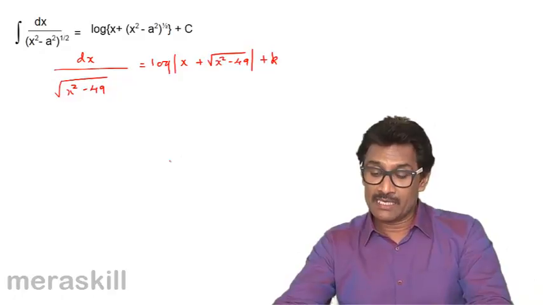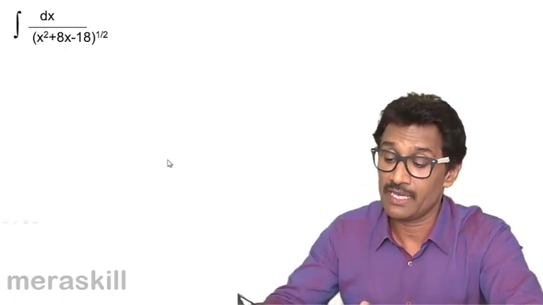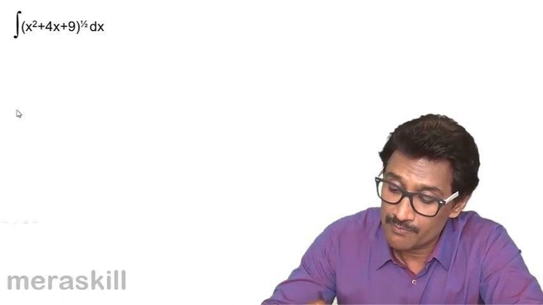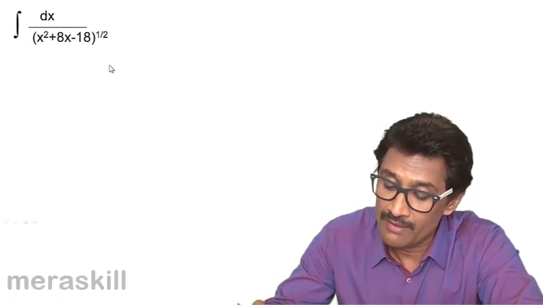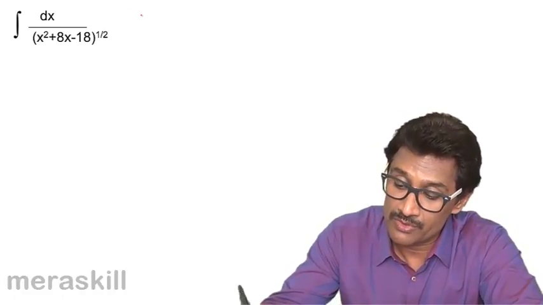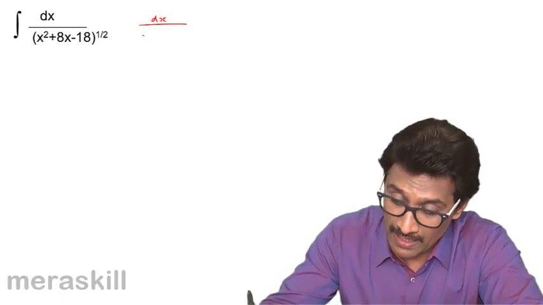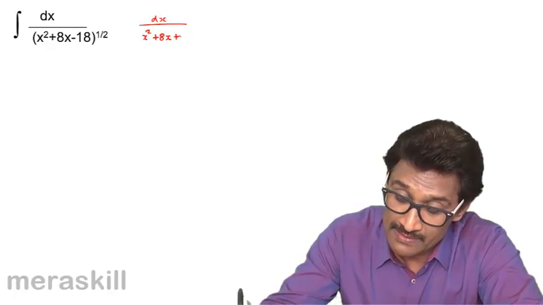So let's take some example based on this, wherein we need to have a perfect square expression. So again, we have something like this, x square plus 8x minus 18. So it's going to be dx upon root of x square plus 8x plus 16.